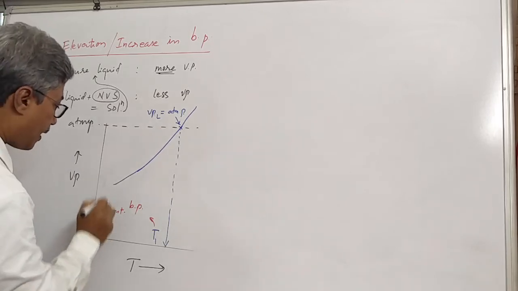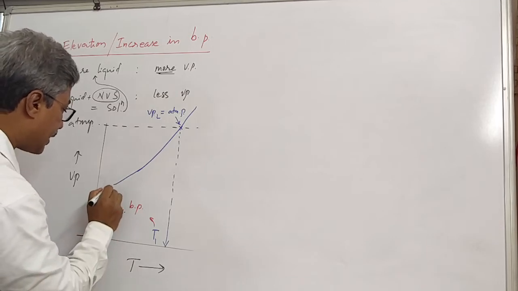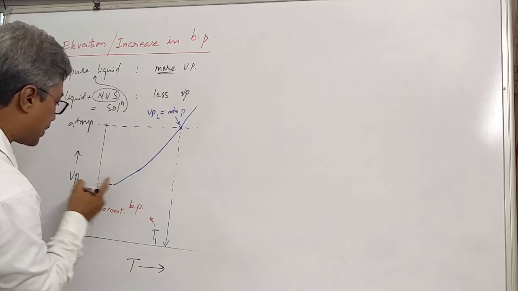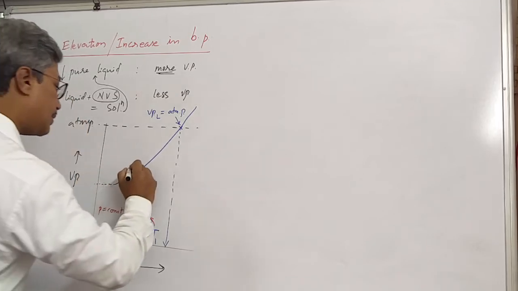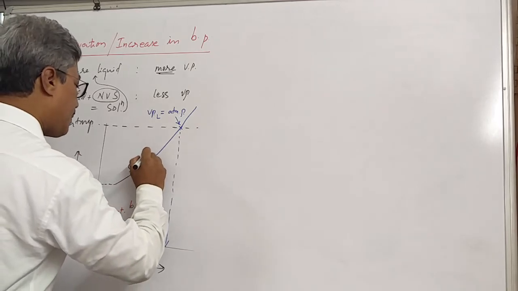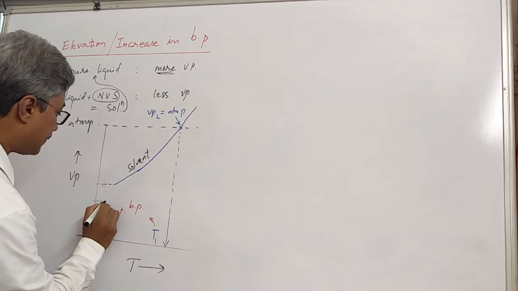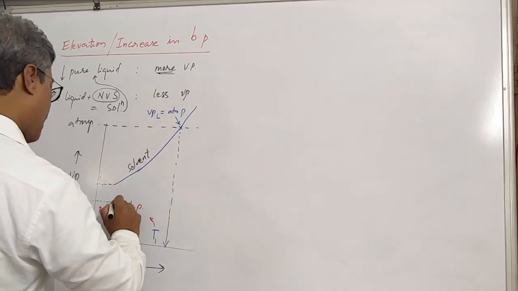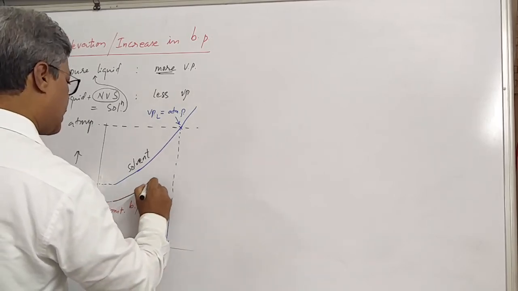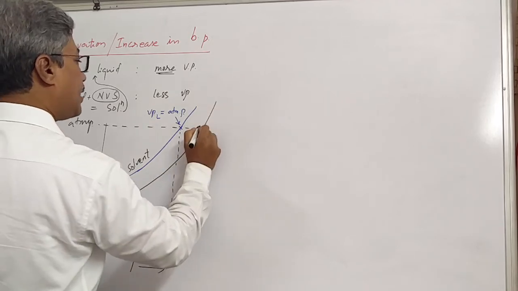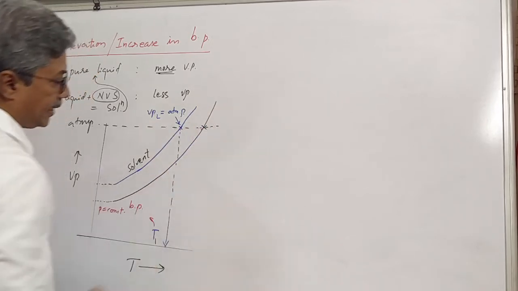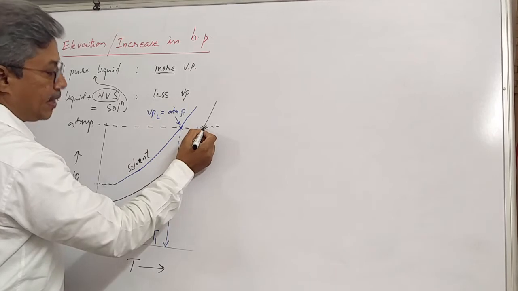Suppose at this temperature, this is the vapor pressure of pure solvent. Now let this be the vapor pressure of solution. Then it will increase like this when we heat the temperature, and it will cross this line at this temperature.